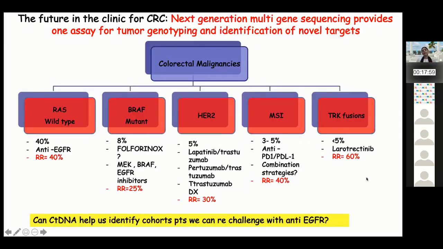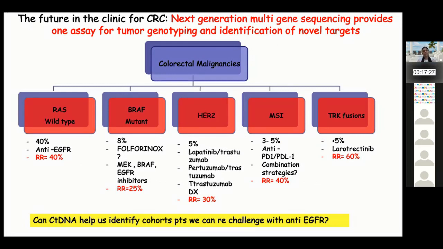Now, coming back to that algorithm that I put together right at the very beginning, looking at patients with metastatic colorectal cancers, where you have this plethora of different targets, such as RAS, BRAF, HER2, MSI, and TRK, we know that patients with RAS wild-type disease, when you give them anti-EGFR, tend to do very well. There's a response rate of about 40%, but these patients eventually develop resistance to anti-EGFR, and they progress on panitumumab or cetuximab.